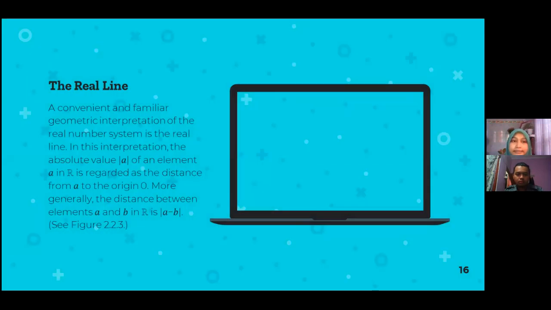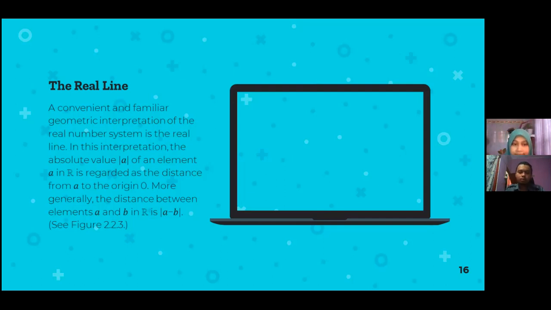Okay, next topic is about the real line. A convenient and familiar geometric interpretation of the real number system is the real line. In this interpretation, the absolute value of an element a in the real numbers is regarded as the distance from a to the origin 0.